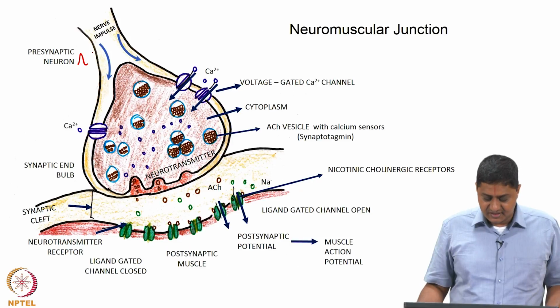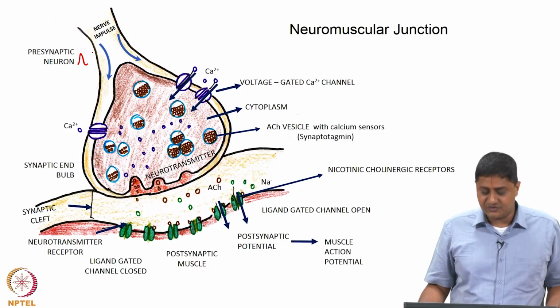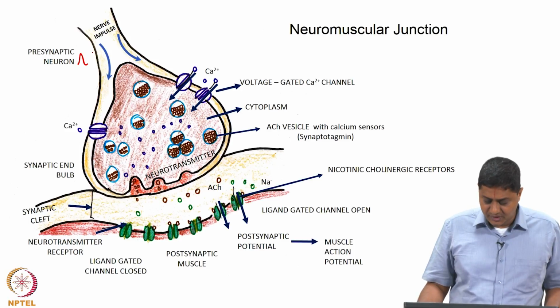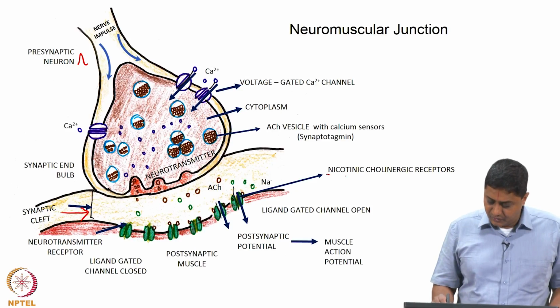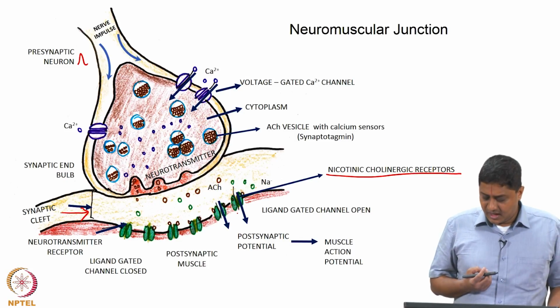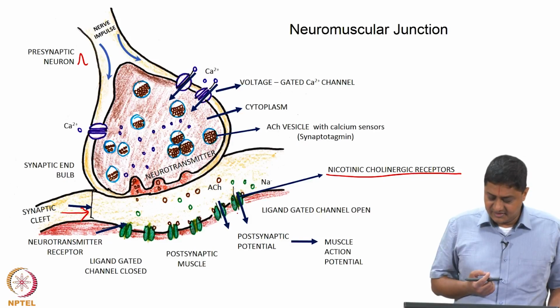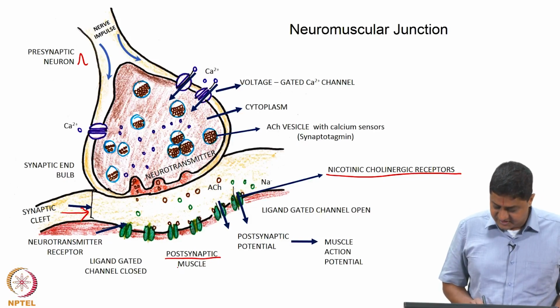That causes vesicles to fuse to the membrane and exocytose acetylcholine, and whenever acetylcholine is released into the synaptic cleft, it attaches to the nicotinic cholinergic receptors, which open, and a lot of sodium enters inside the postsynaptic cell, which is the muscle cell.